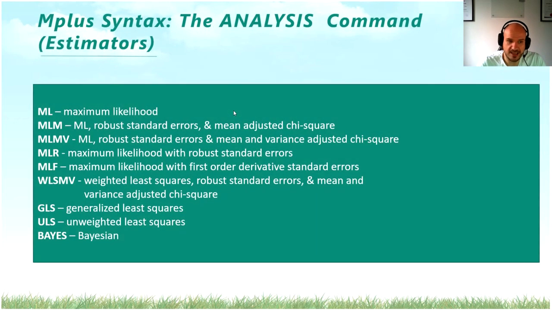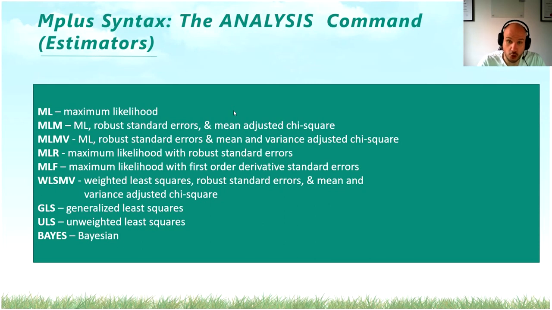Okay, so Mplus has a whole bunch of estimators. As you can clearly see, MLM, maximum likelihood robust, MLR, and so on and so forth. Each one of these estimators has a certain thing that it compensates for. What's important for you is to know that maximum likelihood is the default. This assumes that the data is normally distributed.